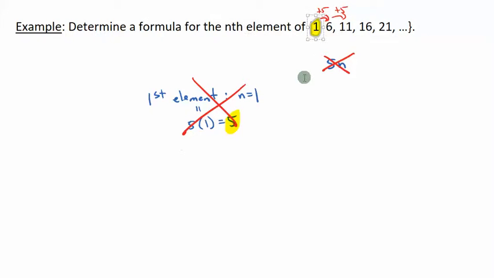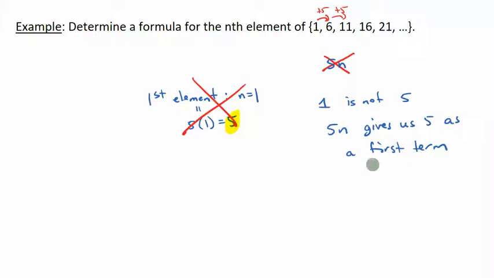So what we can do is we can adjust our formula. 1 is not 5. Right? 1 is not 5. So the formula 5n gives us 5 as a first term. So how can I adjust it?